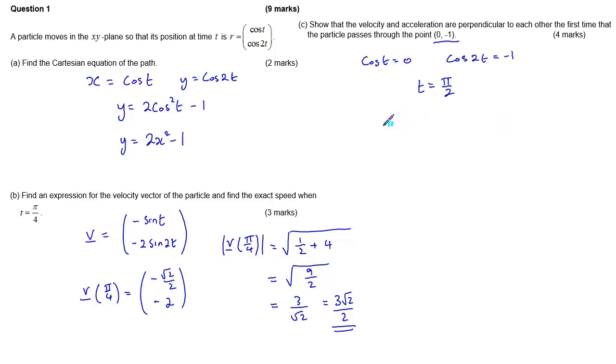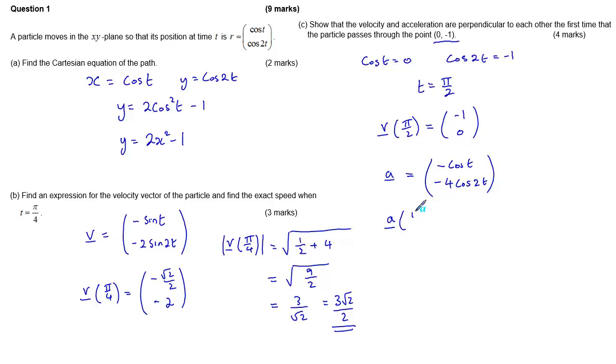So if we think about v of pi by 2, that's going to be (negative 1, 0). Now let's think about a. Differentiating this would give me negative cos t, and differentiating this would give me negative 4 cos 2t.